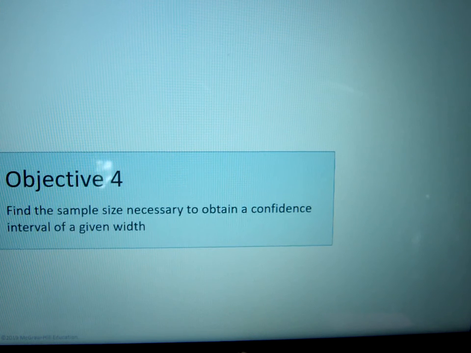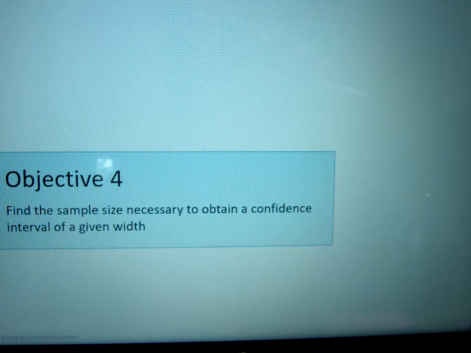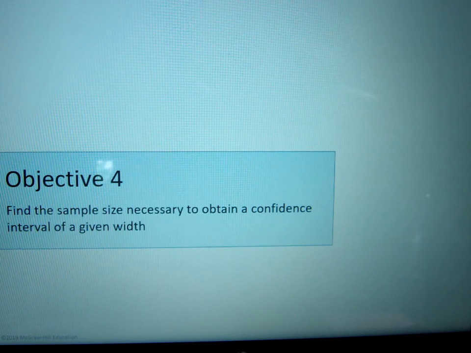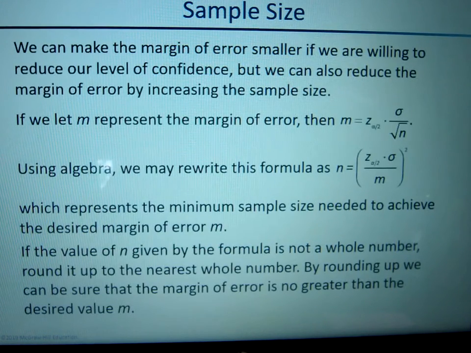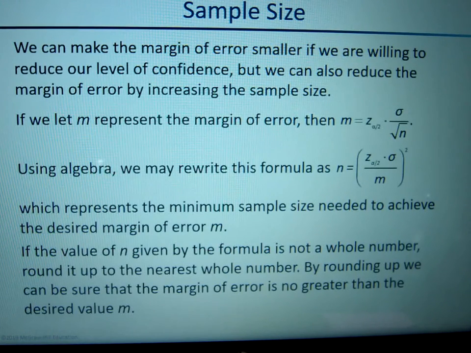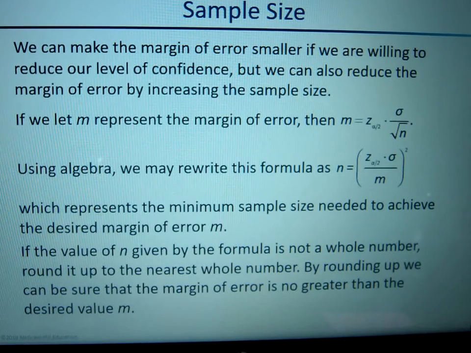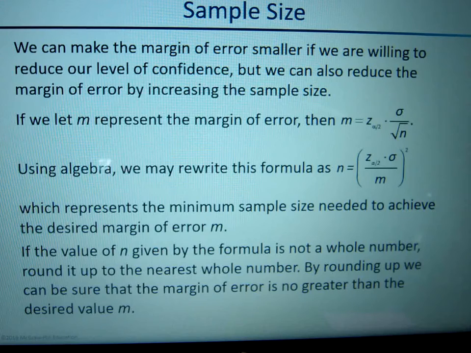Okay, let's look at finding the sample size necessary to obtain a confidence interval of a given width. We can make our margin of error smaller if we're willing to reduce our confidence level, but we can also reduce the margin of error by increasing the sample size.